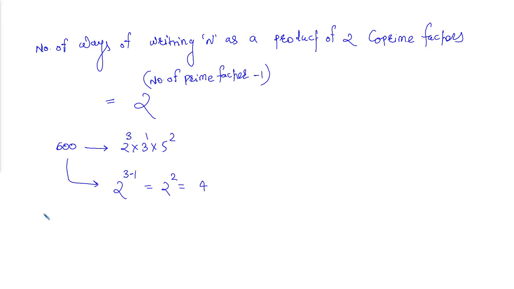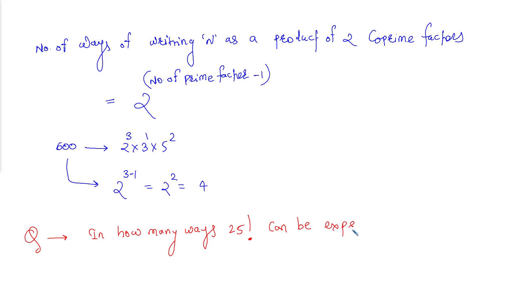Now let me ask you a question. You can answer that question in the comment section. The question is, in how many ways can 25 factorial be expressed as a product of two co-prime numbers?